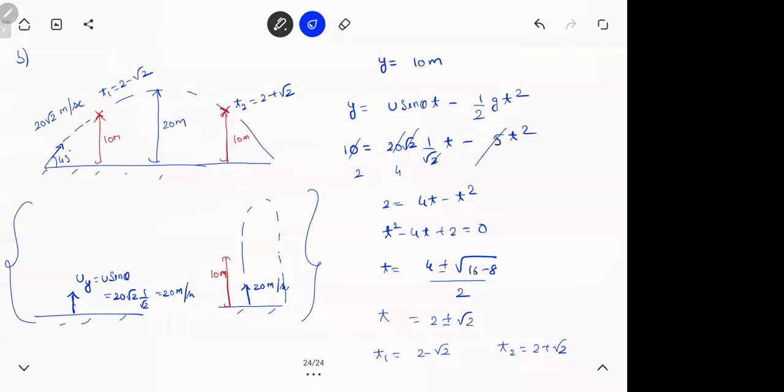Just dump it there, get a quadratic and solve. Have a look at this. Ask me if you're confused. This is only the time; you still have to find the speed.